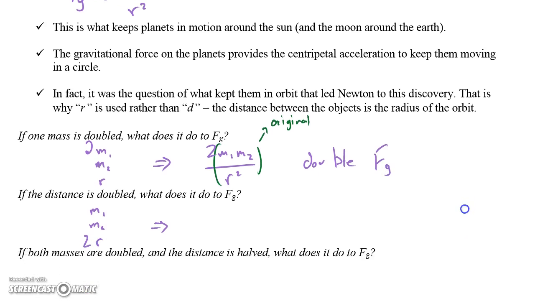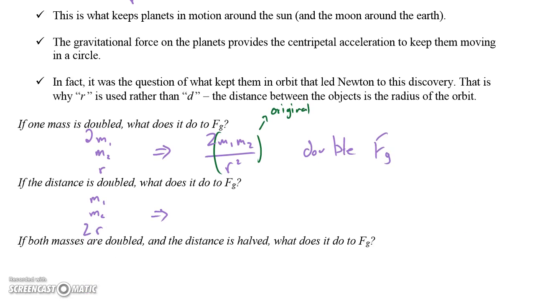Let's take the same approach, but instead of doubling one mass, we leave the masses alone and double our distance. So we're going to have m1 m2 all over (2r) squared. Before we can see, we have to simplify that exponent on the bottom, and we get 4r squared.